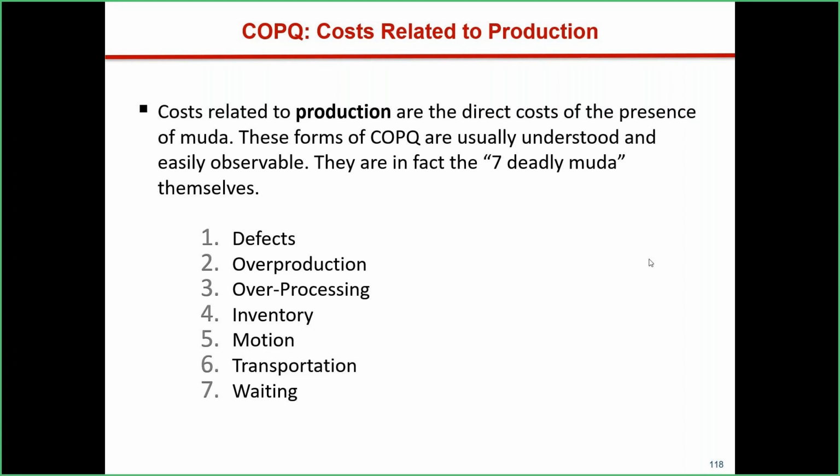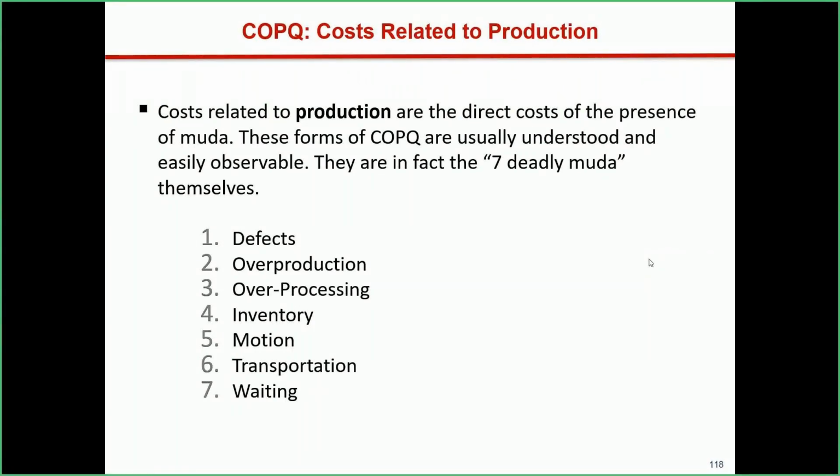So this is the example I can give for motion. Transportation: I have ordered, say, 100 cartons of Indomie noodles, and I tell the manufacturer to transport those 100 cartons to my factory or warehouse. Now, moving those 100 cartons of Indomie noodles is not adding any value to that product.